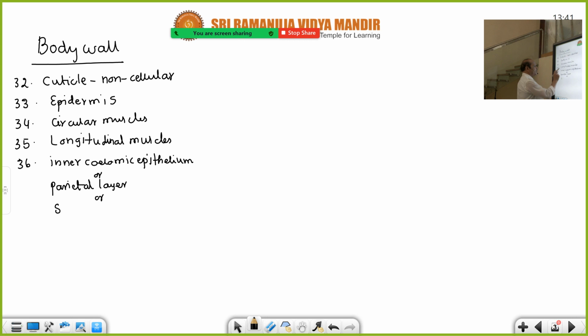Sorry, not inner, outer coelomic epithelium. 1 minute. Internal coelomic epithelium, that is given, but we should write down here outer coelomic epithelium. Outer coelomic epithelium, or parietal layer or somatic layer.